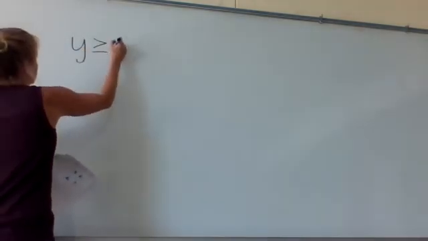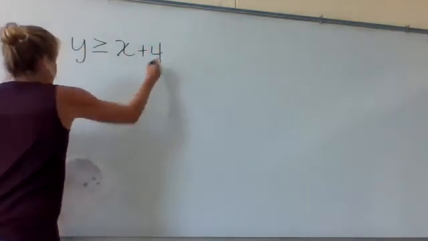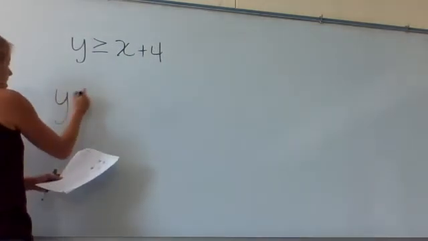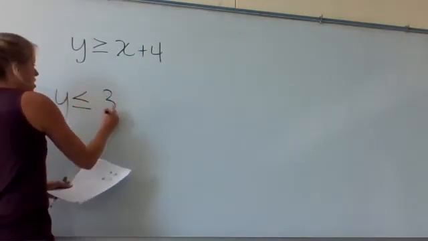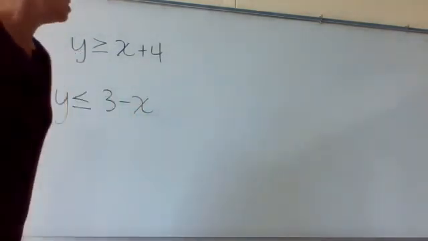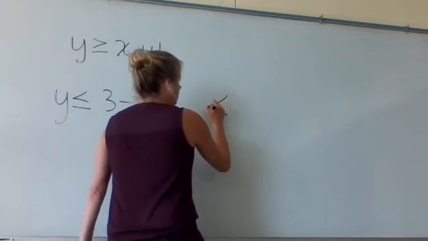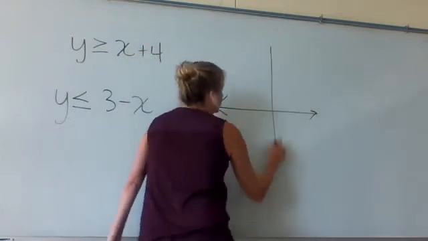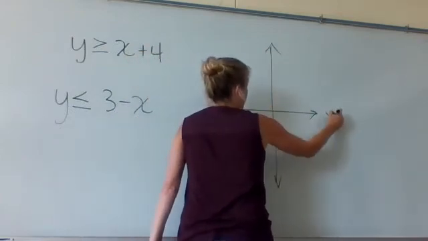So the first one is y is greater than or equal to x plus 4. The second one is y is less than or equal to 3 minus x. So I'm going to graph those separately on this graph.